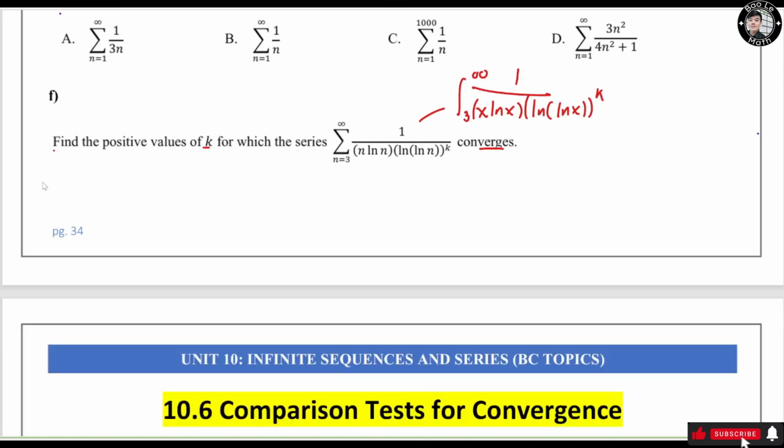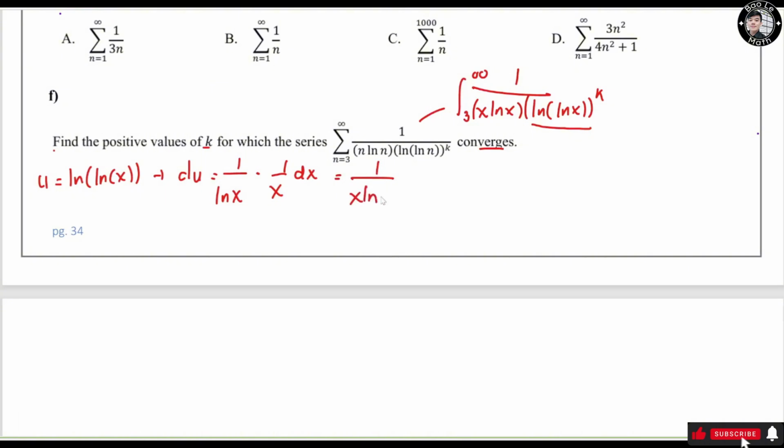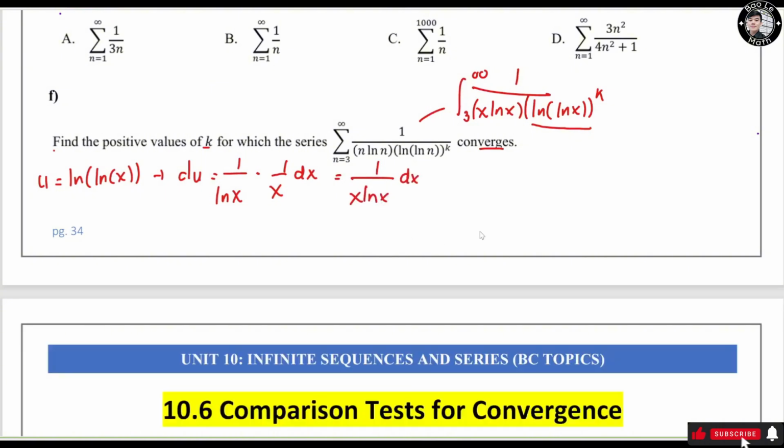Now we're going to do u substitution. So we're going to let u be ln of s. Then du equals 1 over ln of s times 1 over s ds, and it's going to be 1 over s ln s ds, right?